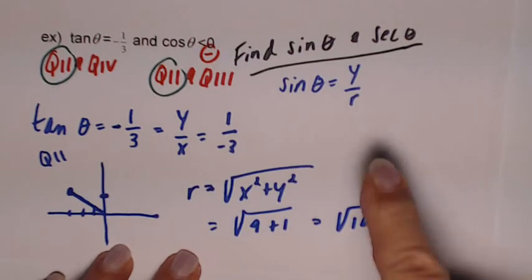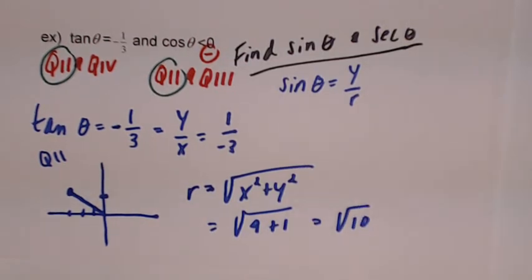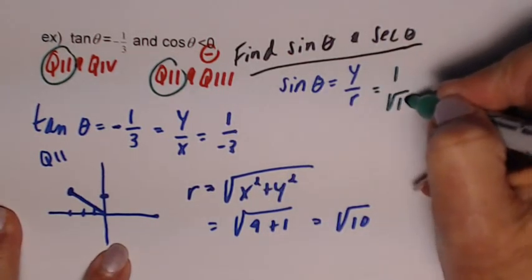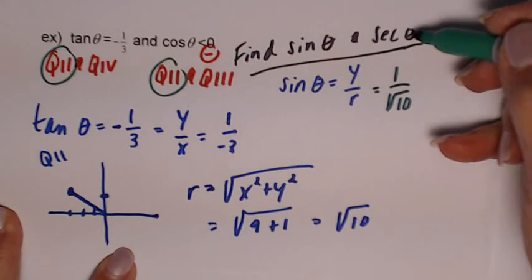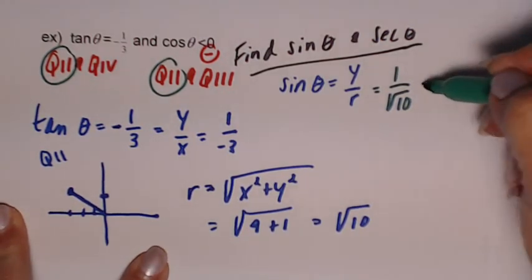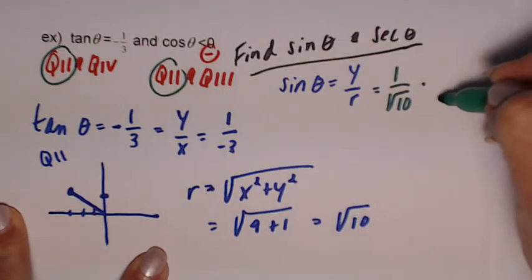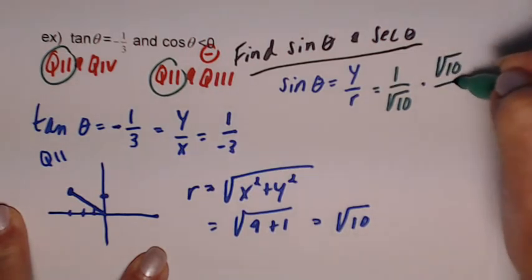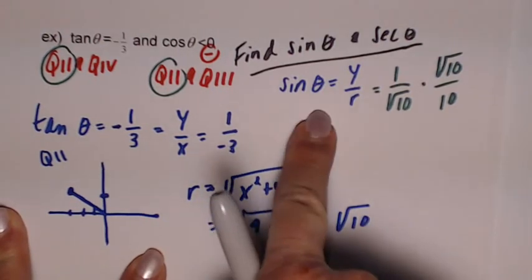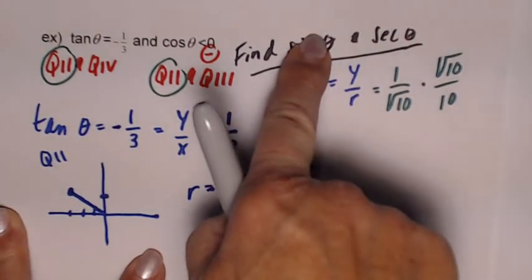Going back to our sine, sine is y over r. Y is 1 and r is square root 10. So we have 1 over the square root of 10, but whenever we have a radical in the denominator, we're going to rationalize. So this is going to be square root 10 over 10. And that is the sine of our angle theta.